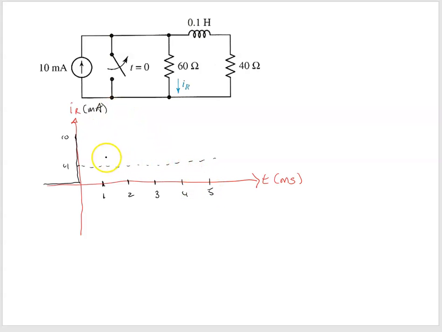By 5, we're all the way down. By one time constant, we're 63% of the way down, or we have 37% left. So we're coming down like this. All right, so that's this example.